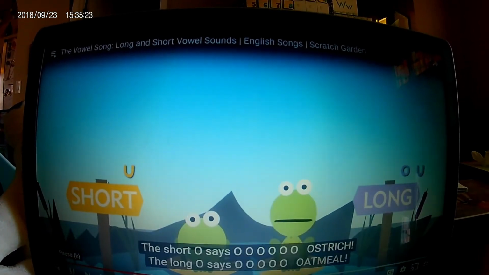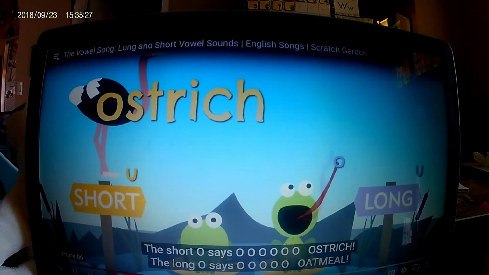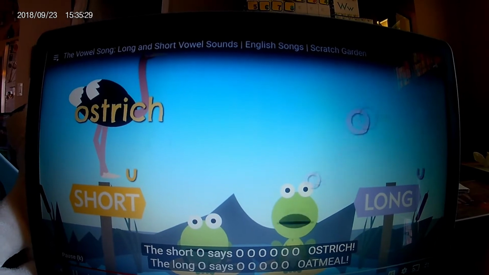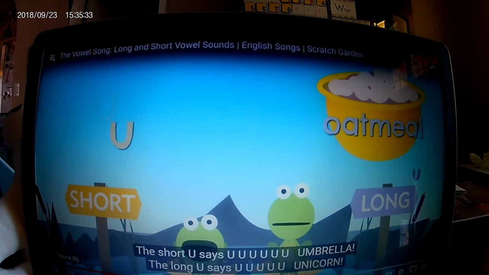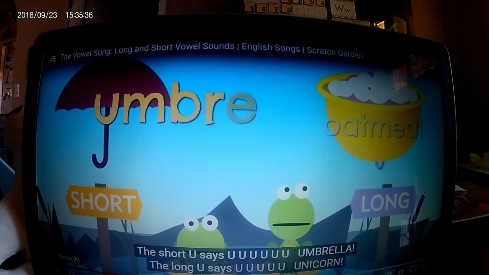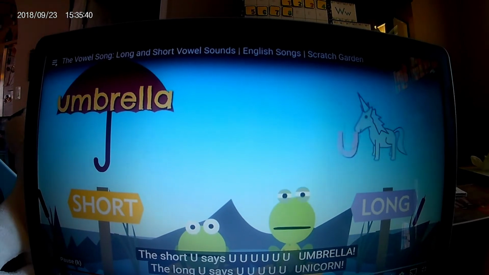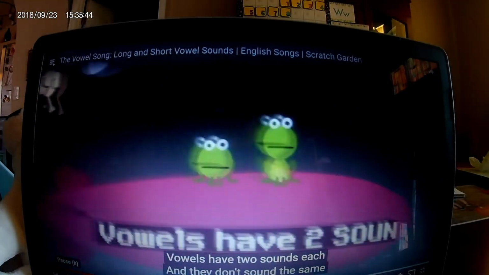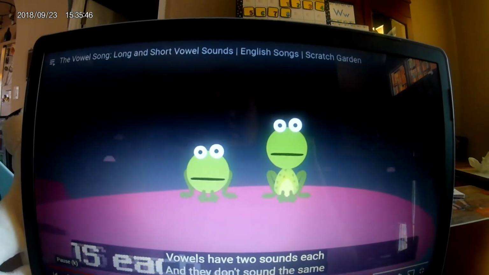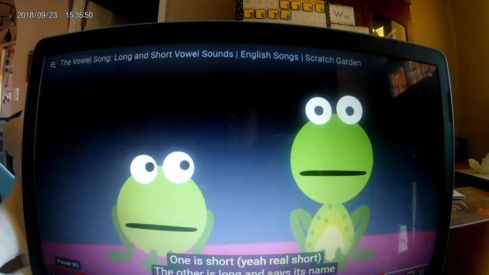The short O says ostrich, and the long O says oatmeal. The short U says umbrella, and the long U says unicorn. Vowels have two sounds each. They don't sound the same. One is short, yeah, real short. The other one's long and says its name.